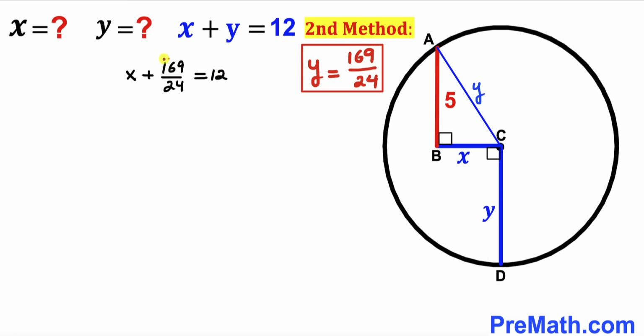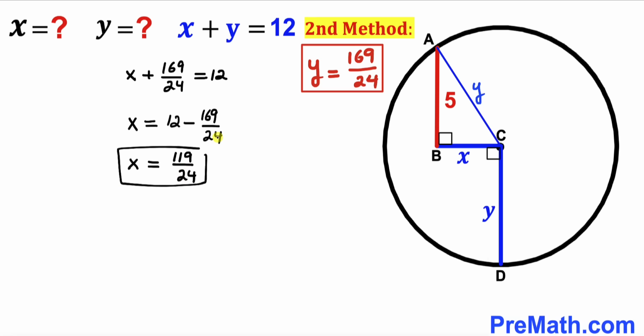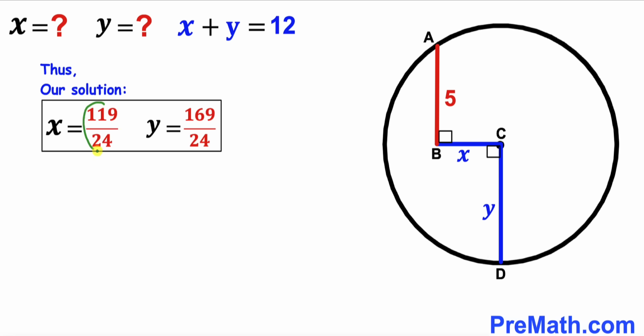And now I'm going to move this fraction to the other side. And if we subtract, our x value simply turns out to be 119 divided by 24. So thus our x value turns out to be 119 divided by 24 and y value turns out to be 169 divided by 24 by using both methods.